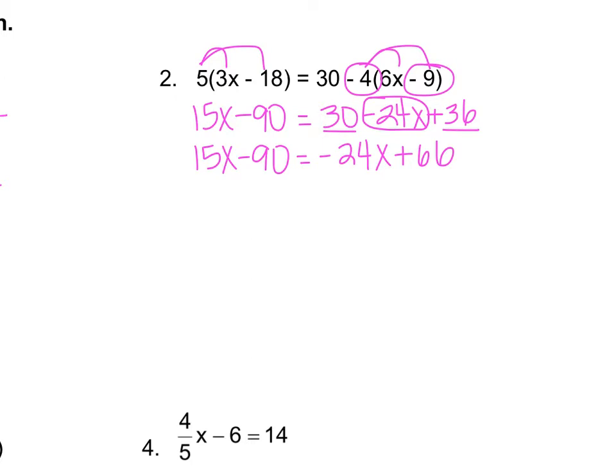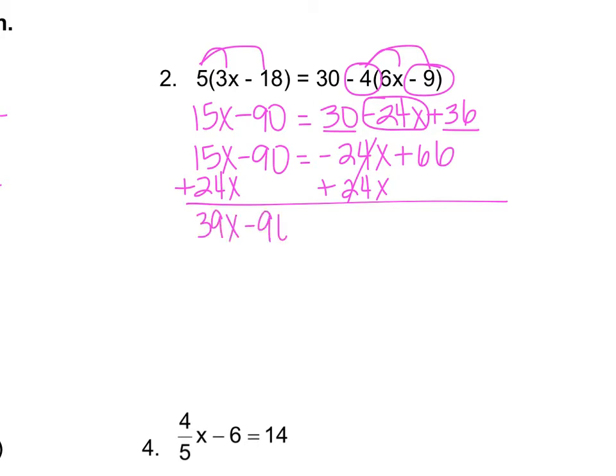All right, now we're back to where we were on number 1 at the beginning. We have variables on both sides, so again, it doesn't matter which side you move your variable to. So I'm going to add 24x. Adding that, we get 39x minus 90 equals 66.